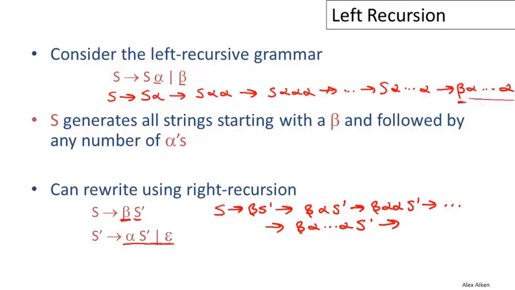And then in one more step, we use the epsilon rule here, and we wind up with beta followed by some number of alphas. And so you can see it generates exactly the same string as the first grammar, but it does so in a right recursive way instead of a left recursive way.